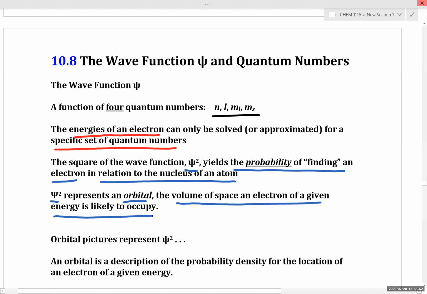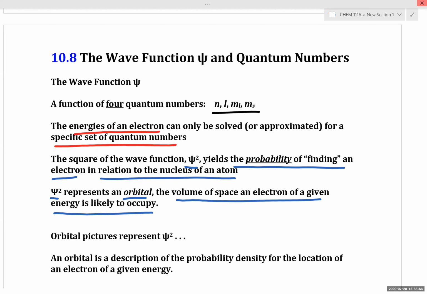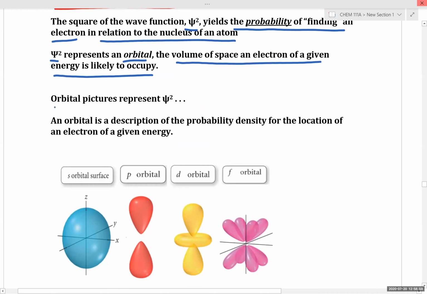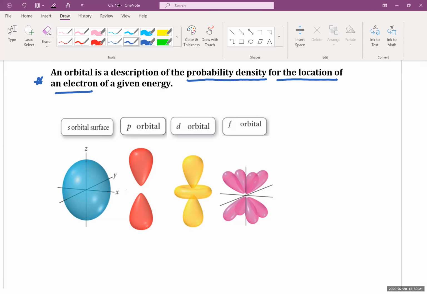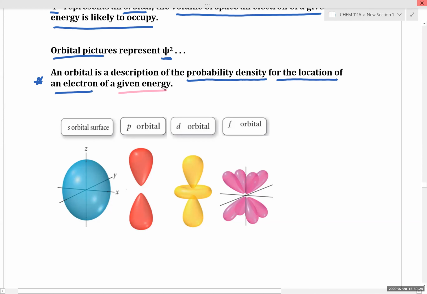And rather than describing the wave function squared mathematically, we often in chemistry like to draw orbital pictures to represent the wave function squared when plotted. So if we were to plot and calculate the wave function squared, we get these orbital pictures. And again, these orbital pictures are representing the probability density for the location of an electron for a specific electron energy.